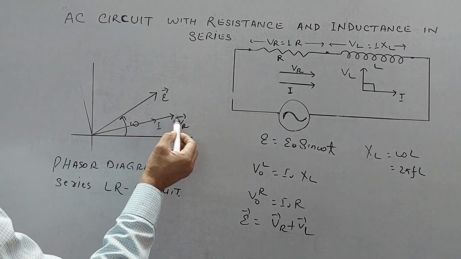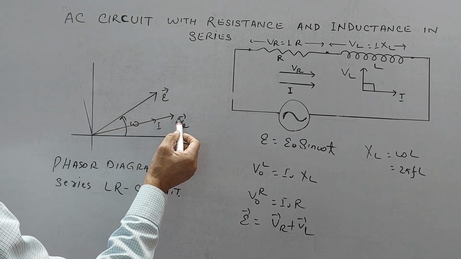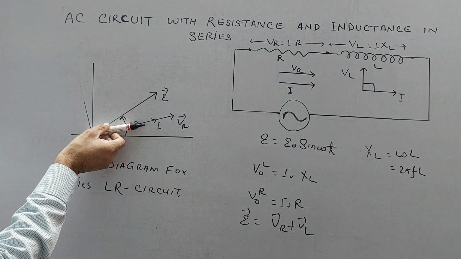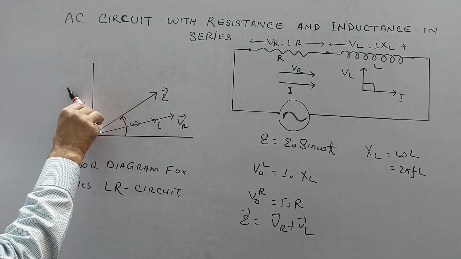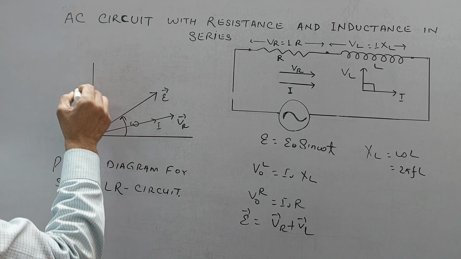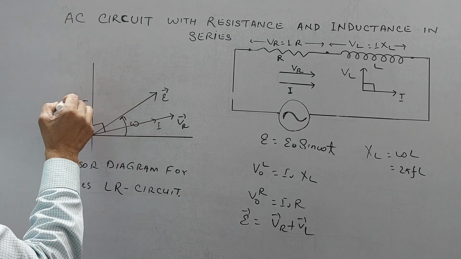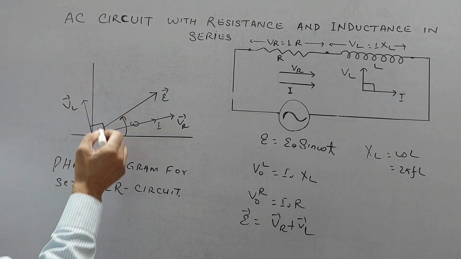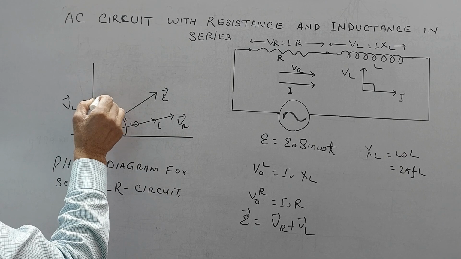If this is VR, along this the current would also be, and the direction of VL is anti-clockwise, at an angle of pi by 2. So this is represented by the voltage across the inductor, and using the law of parallelograms, we make a parallelogram.